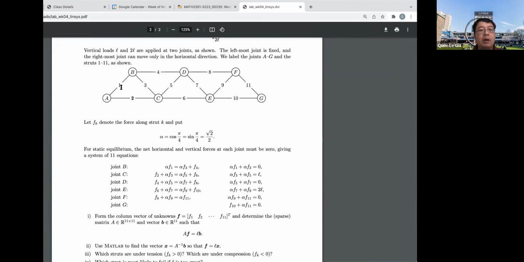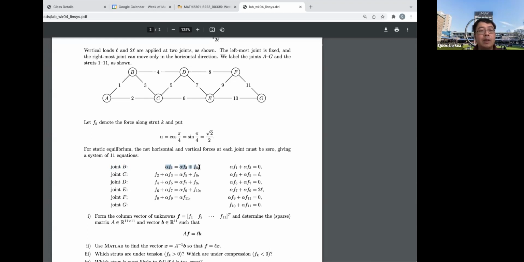And then you have 11 equations. I think this is not a very precise statement about joints B, C, D. But if you look at the pictures, you have 11 edges, right? And for each edge, you have 1 equation.